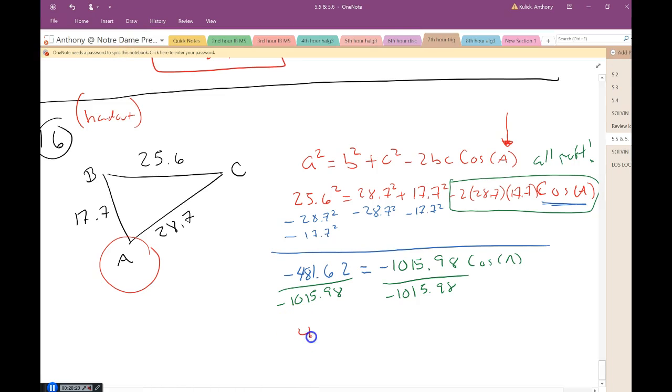So when I do that, I get 481.62 over 1015.98 equals cosine of A. Where did my negative signs go? They canceled, right? I had a negative on top and a negative on bottom.